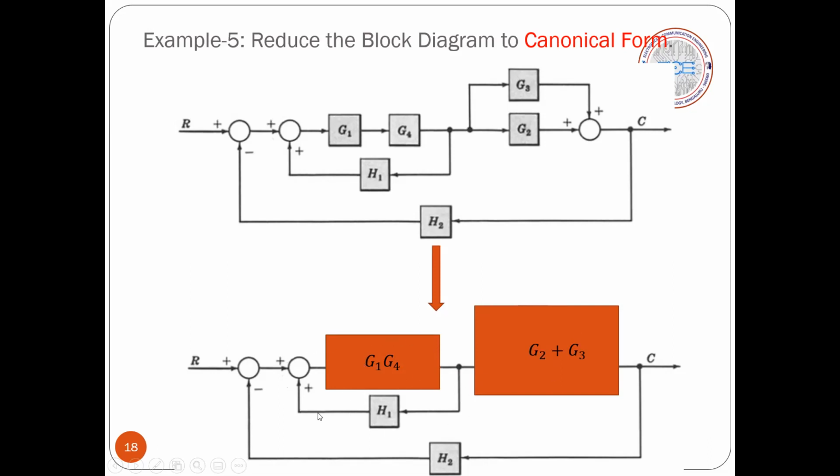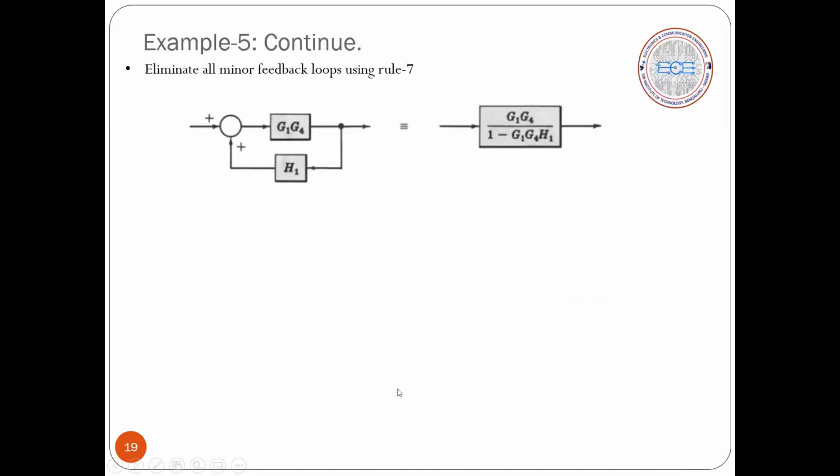Next, how to proceed with further simplification. Here we have one canonical form pattern, that is, one feedback path. It is not a negative feedback path; see, this is plus, right? So we have here what we call a positive feedback path. We have to simplify this positive feedback path according to the formula we have learned, rule number 7.